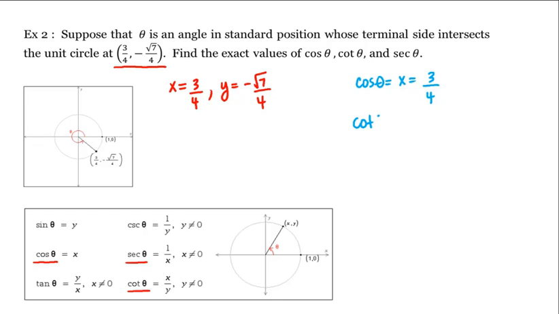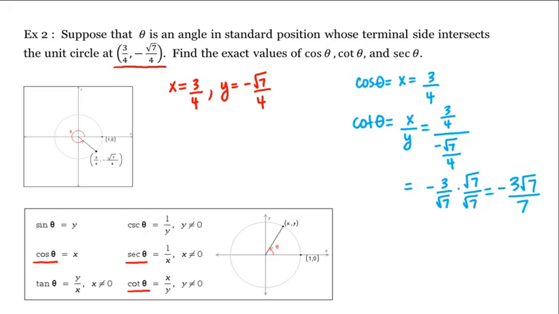And cotangent of theta is equal to the x-coordinate divided by the y-coordinate, which is equal to 3/4 divided by negative square root of 7 divided by 4. And the 4's will cancel, which leaves us with negative 3 divided by the square root of 7, which we then can rationalize, which leaves us with our answer of negative 3 square root of 7 divided by 7.